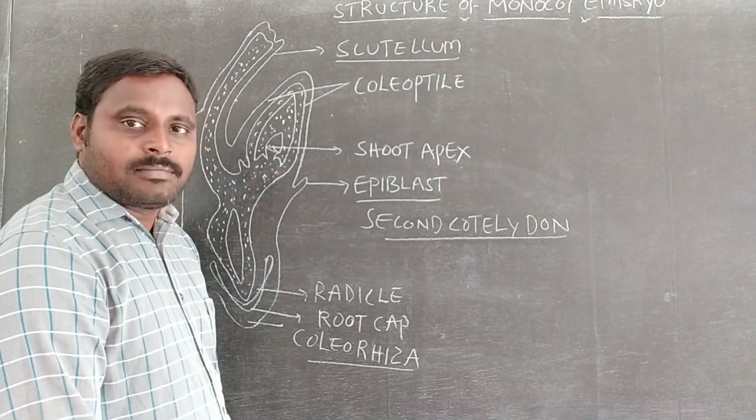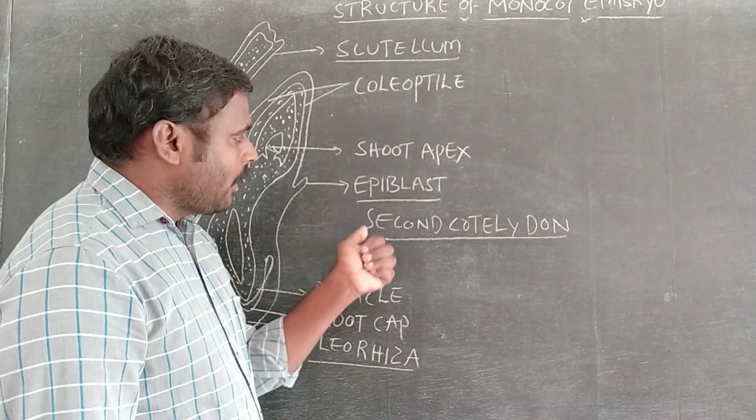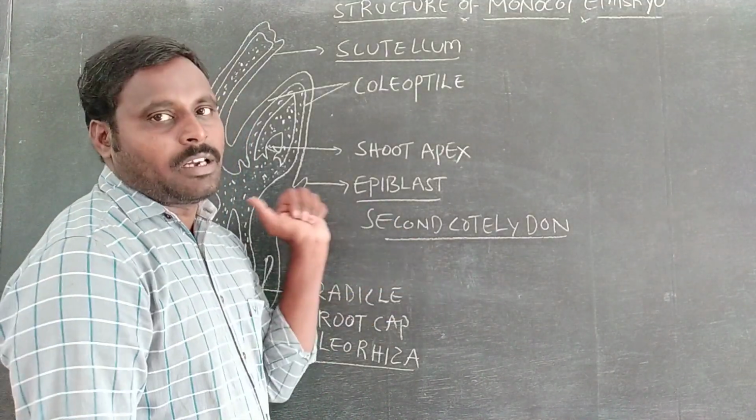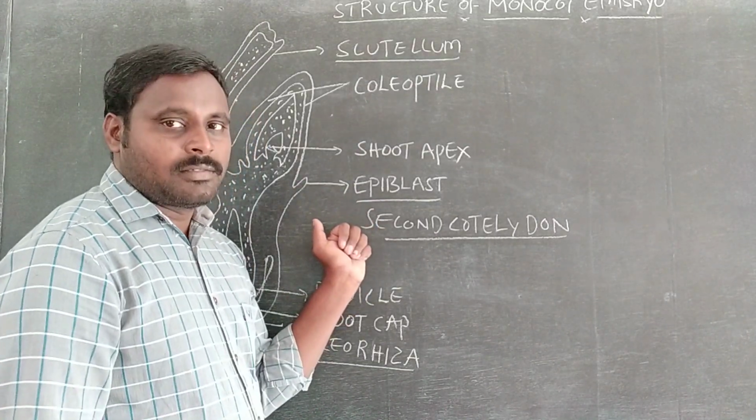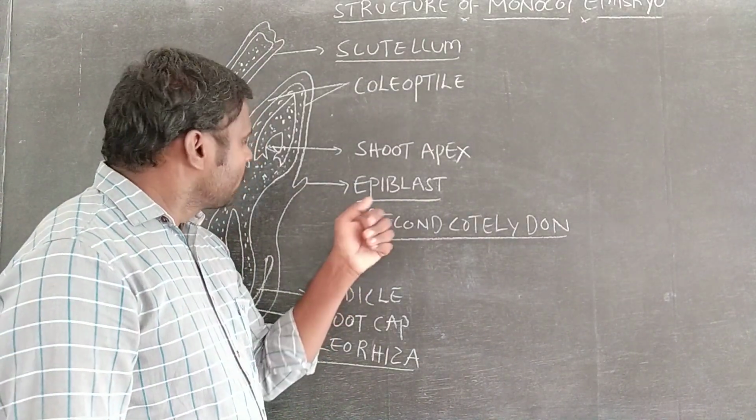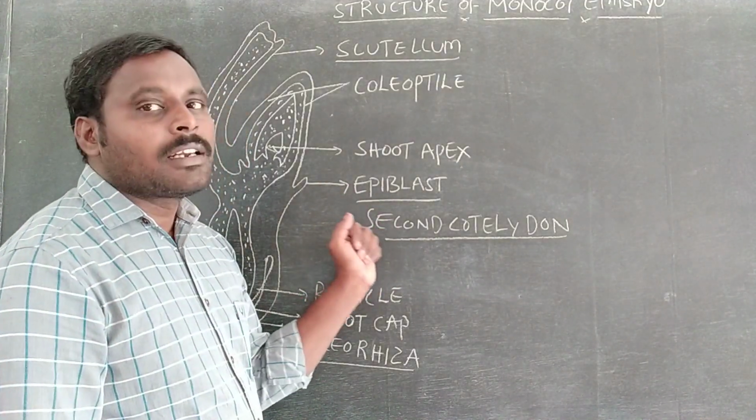The epiblast is also called the second cotyledon, in monocots.